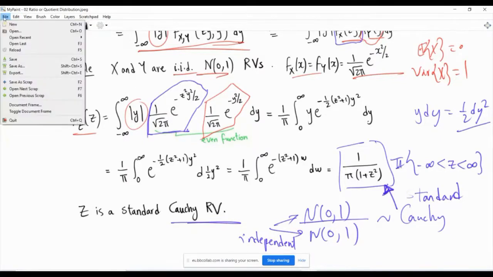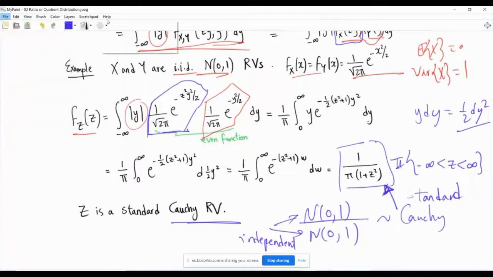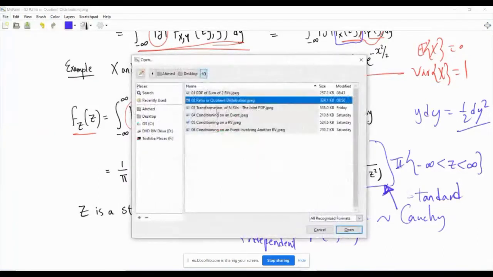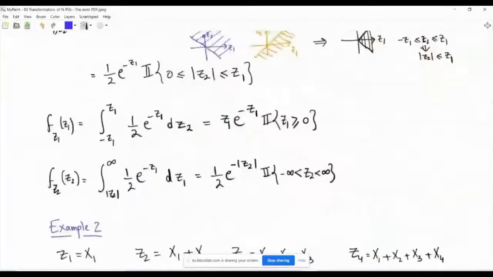Let's go now to the next topic. I started this chapter by having some random variable x and then applying a function to x to get y. Then we talked about what if you apply a function to a bunch of random variables to get one single random variable.